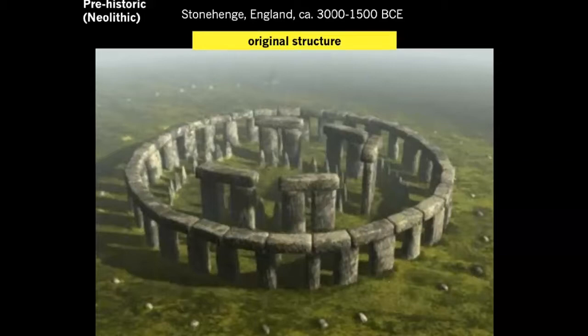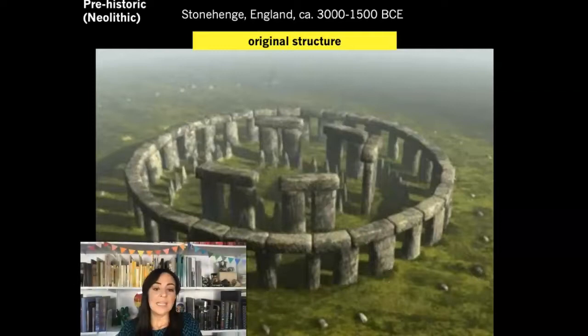What's really interesting about these stones is that they are not from local sites. What do you mean, Ms. Cortez? These weren't just like found 20 feet away, carved out of some rock and then picked up and moved over. No. These stones come from very, very far away.